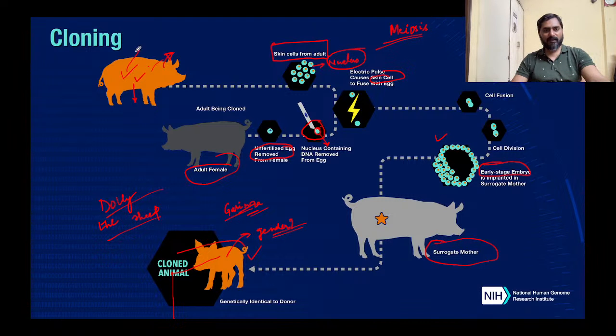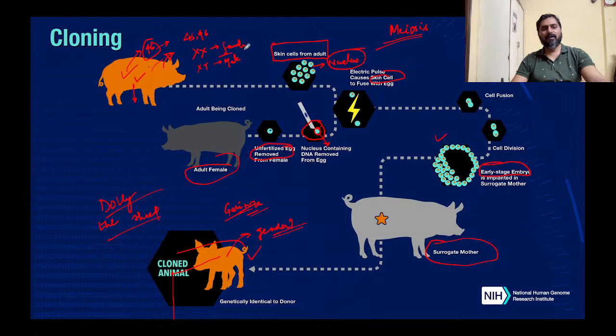Because the nuclear DNA has 46 chromosomes, the last two chromosomes, that is the 45th and 46th chromosome, are known as the sex chromosomes. So let us say if it is XX, then it is female, and if it is XY, it is male.